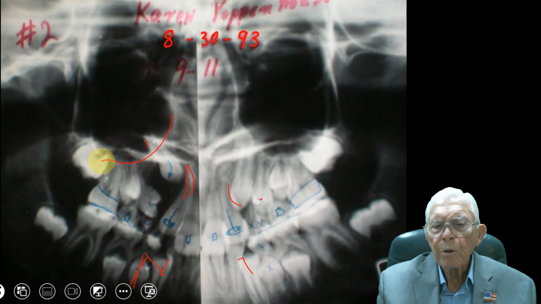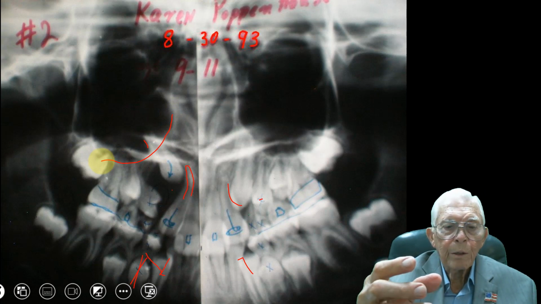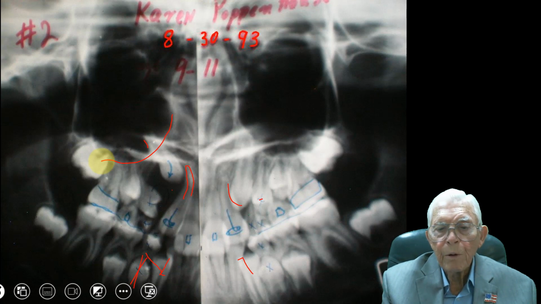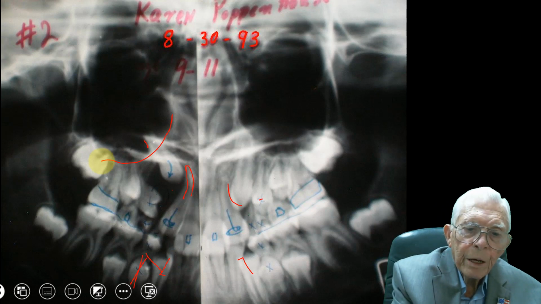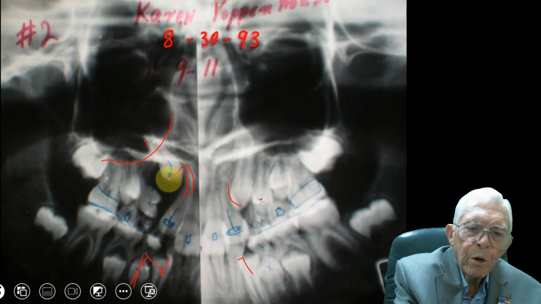Now, you would think, well, I'm going to have to go in and extract that tooth or do something. And sometimes the oral surgeon doesn't understand how the follicle brings this tooth down. It'll move the tooth over, and this tooth will erupt down. Now watch it.